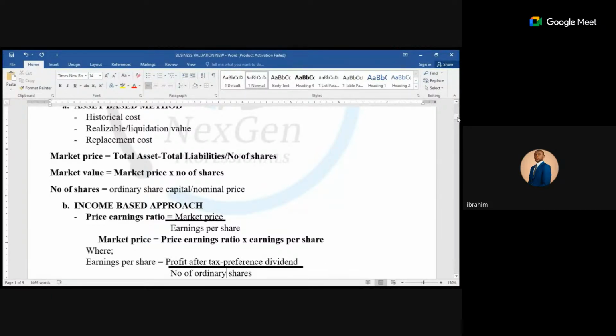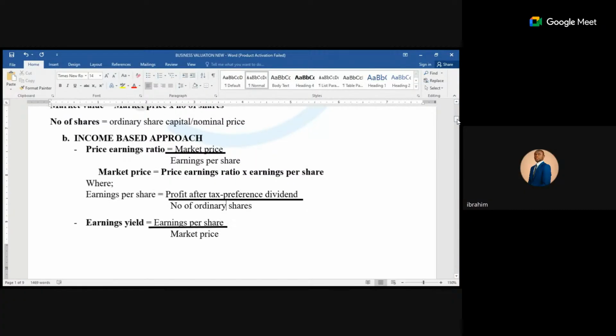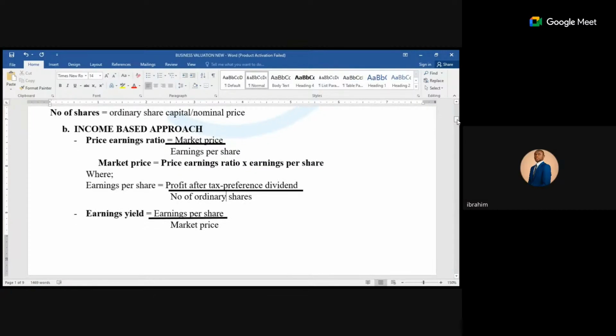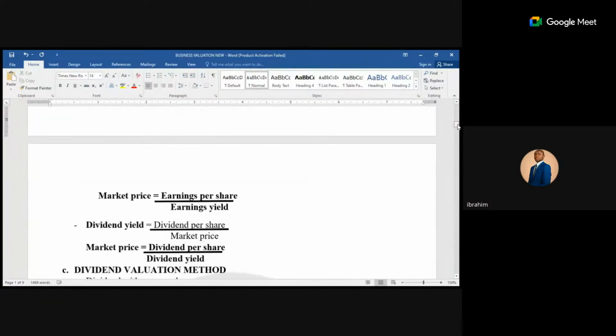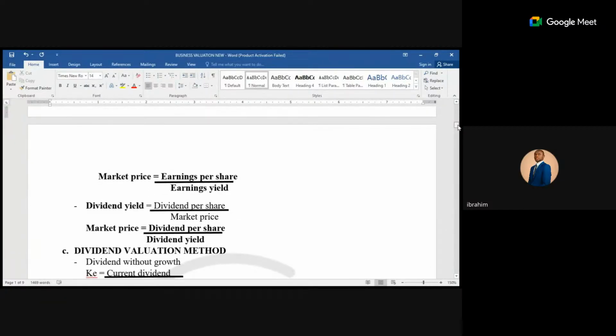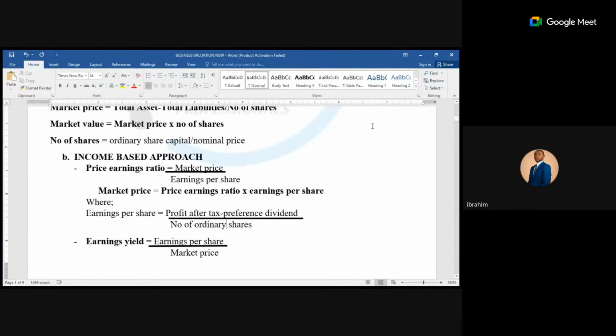There are also two to three approaches to determine the market price that you will pay for that particular company in valuation. Either you use the price earning ratio, or earnings yield, or dividend yield. We'll look at them one after the other.